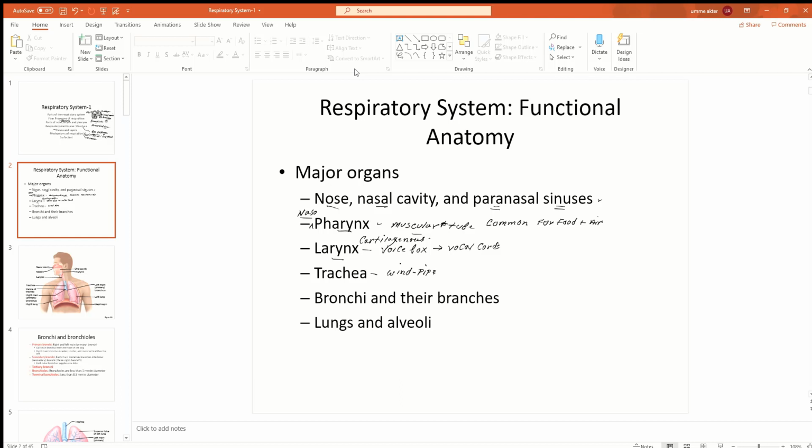Common people say windpipe. And the trachea consists of muscle and cartilage. The muscle is called trachealis muscle, and cartilage.